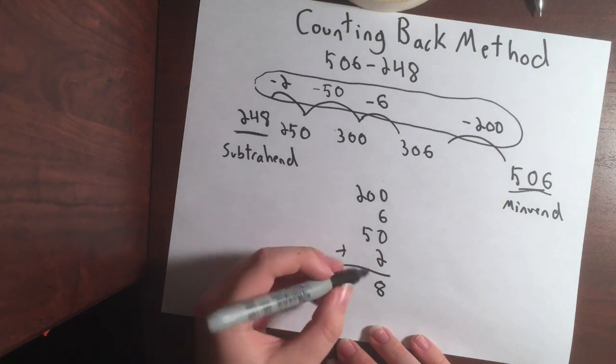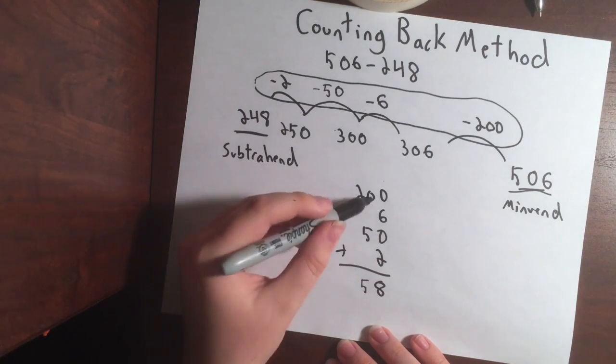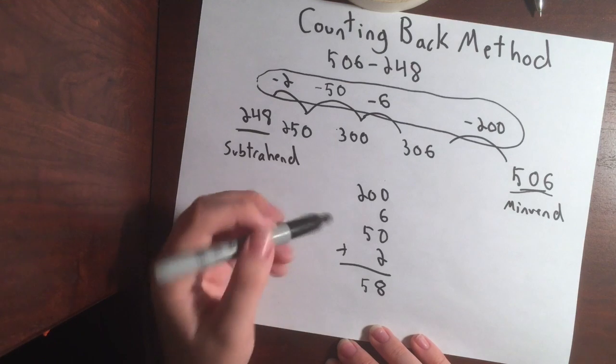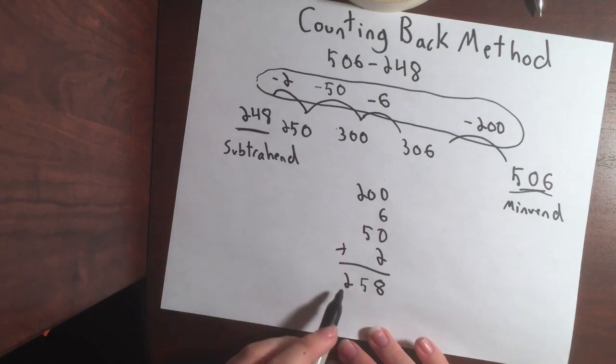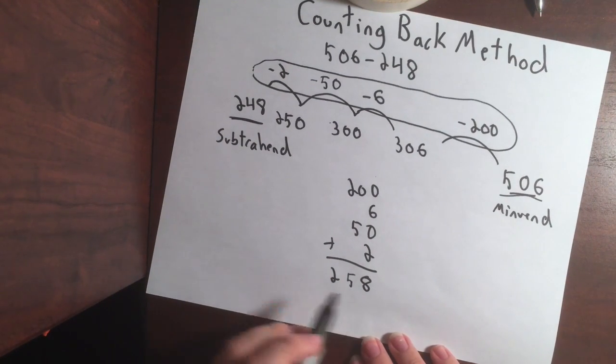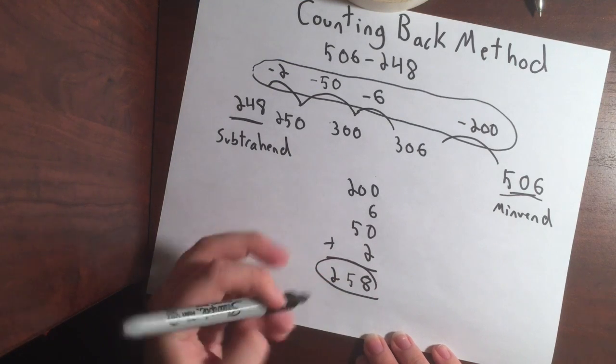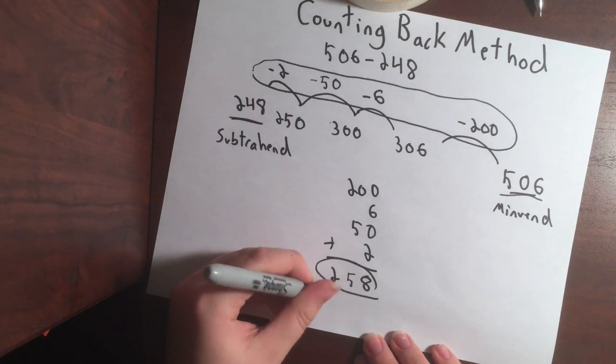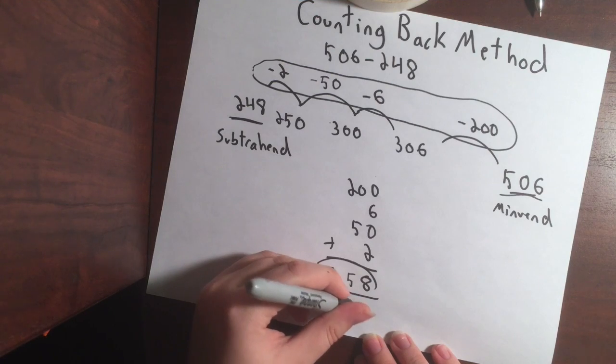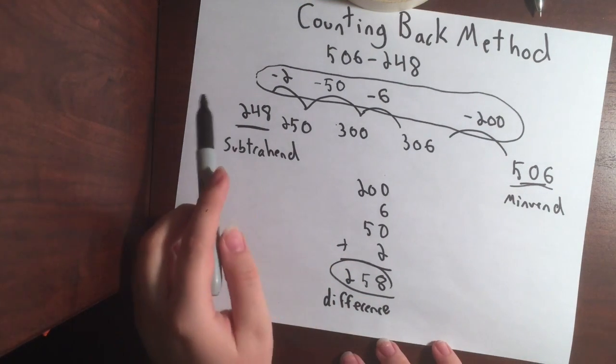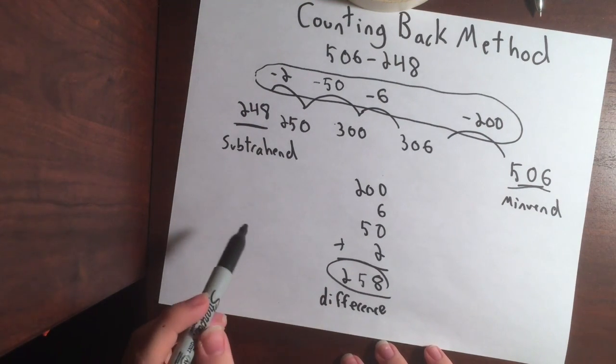Adding up our 0 and 5, we get 5 for our tens place, and for our hundreds place, adding up 2, we get 258. This is our difference. That's how you use the counting back method to solve a subtraction problem.